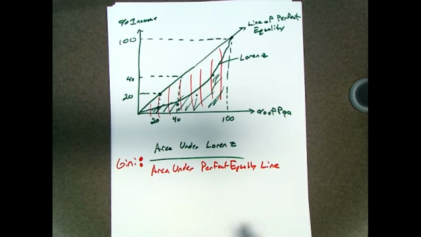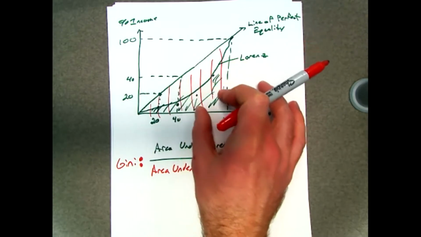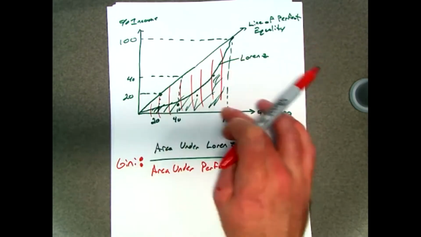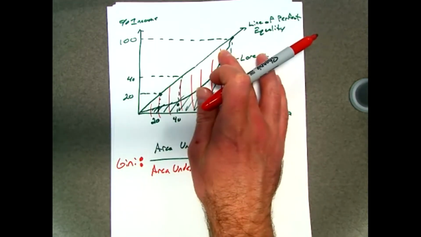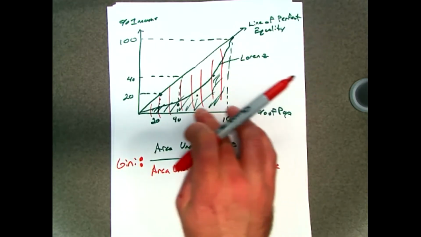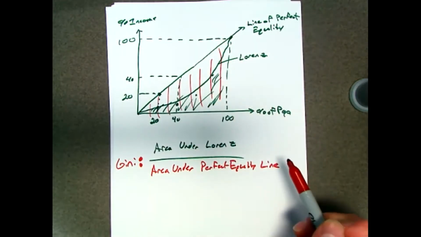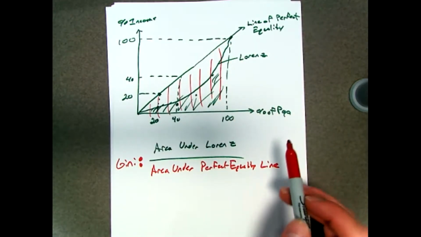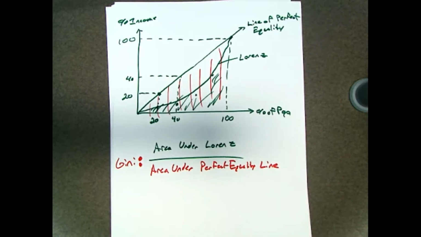So what's the highest Gini coefficient I could see? Well, let's say I had a Lorenz curve that went all the way so that it was exactly a 90-degree angle here. Well, then the area under that Lorenz curve, if it was exactly this right angle, would just be 0, right?